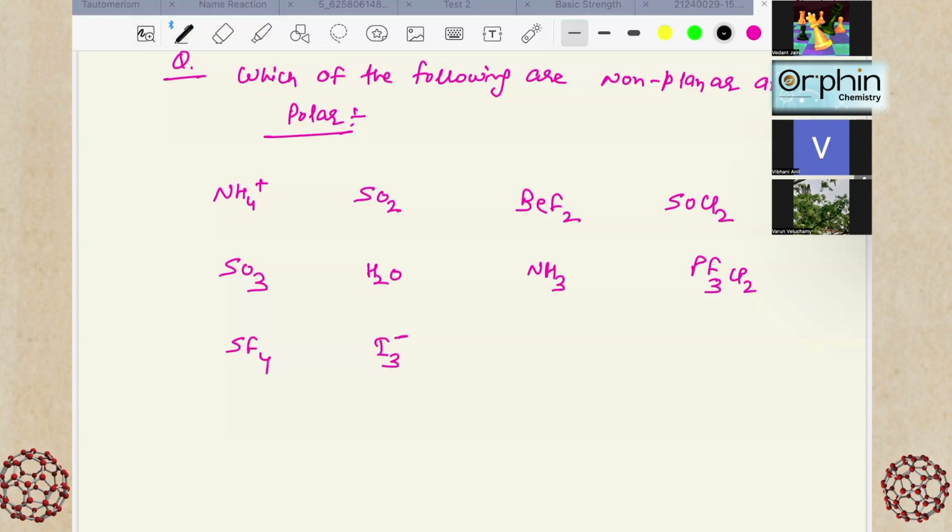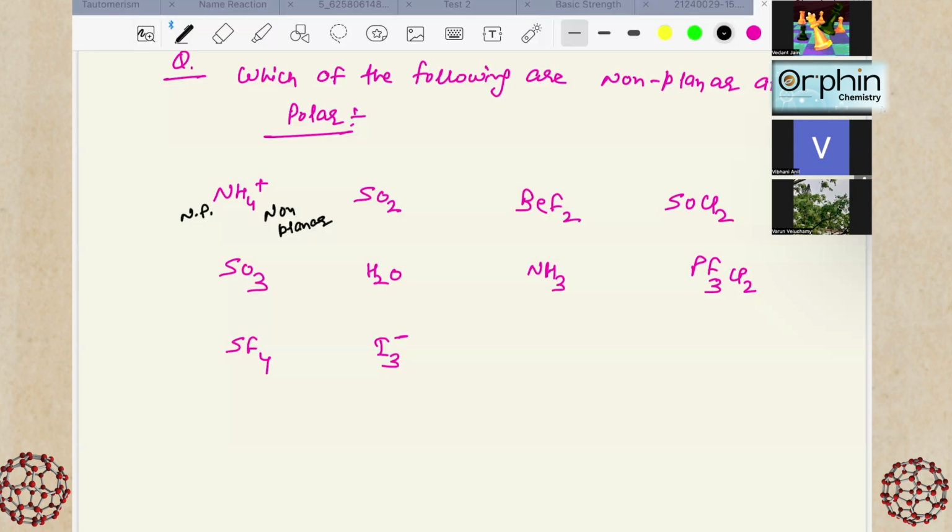First compound is non-polar. Yes, correct. But planarity I cannot write P because otherwise it will be confusing. So I will be writing it complete, non-polar and non-planar also.